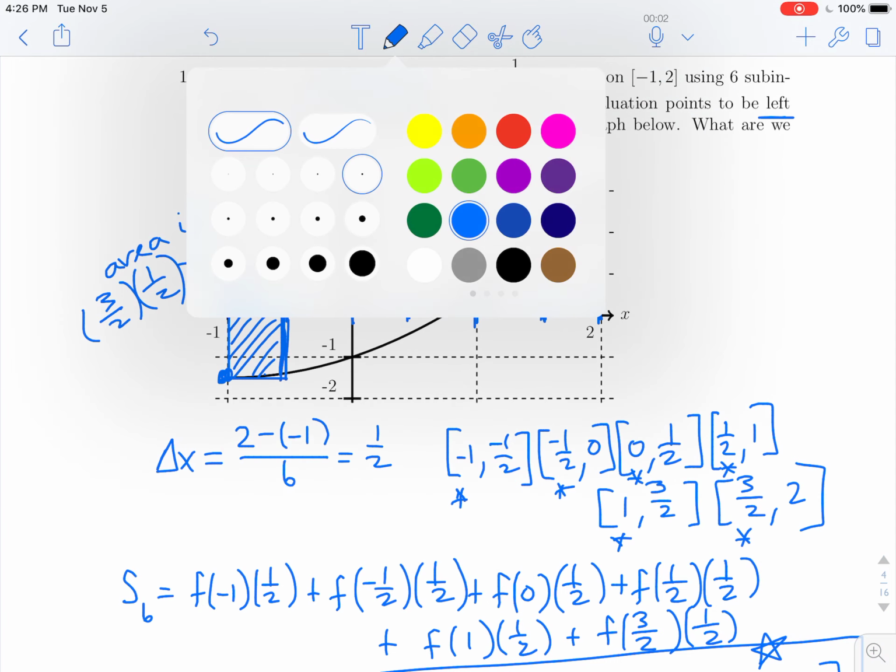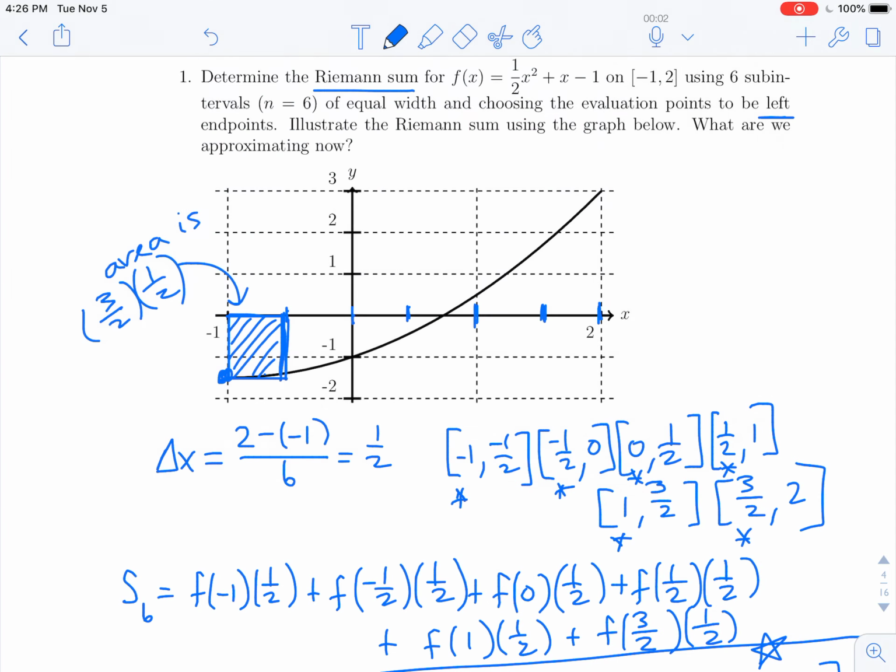And then the next rectangle, let's just keep blue. We use the left endpoint and go till we hit the graph, and then draw across to make our second rectangle. Its area is 11/8 times 1/2.